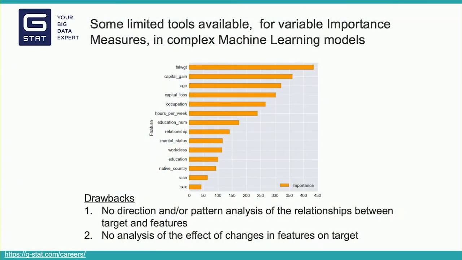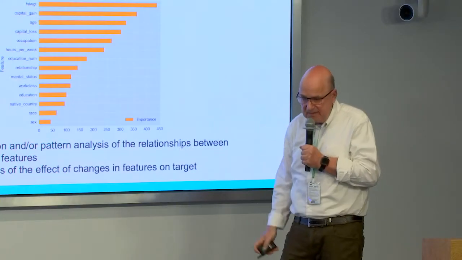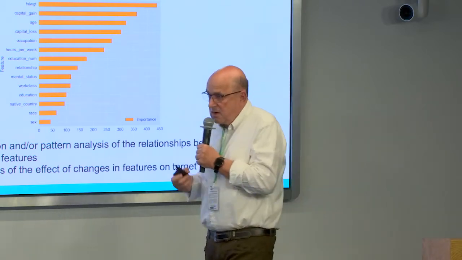This is not to say that advanced complex machine learning models don't have some basic tools for understanding. If you are running an XGBoost or deep learning model, you receive something called variable importance. Variable importance is based on some measure.